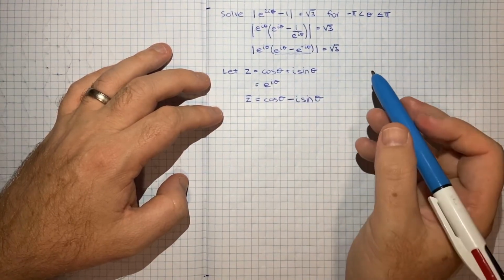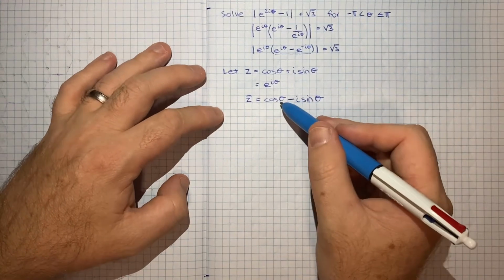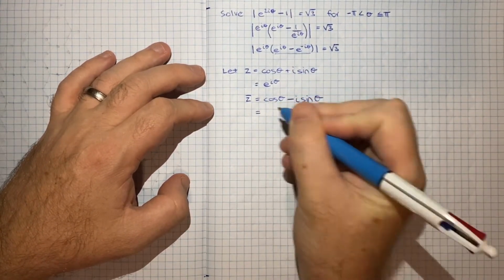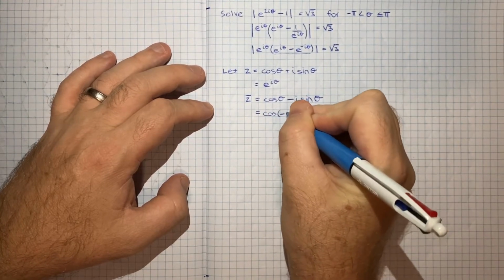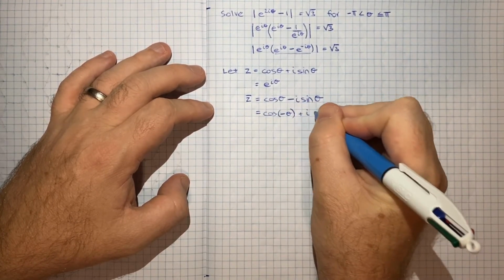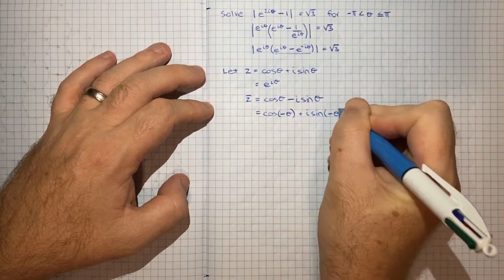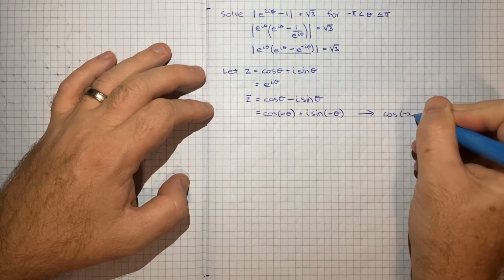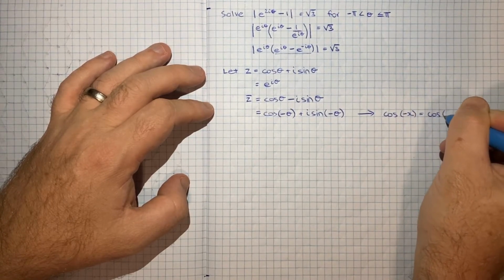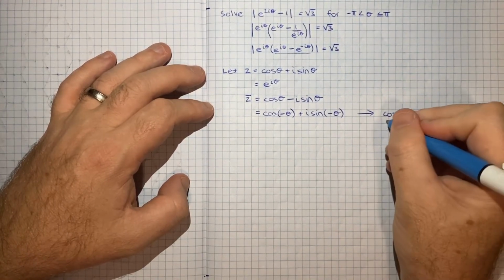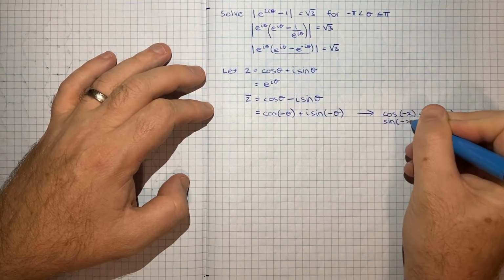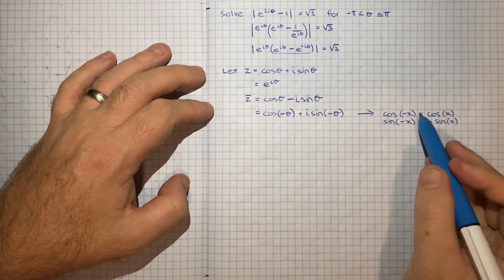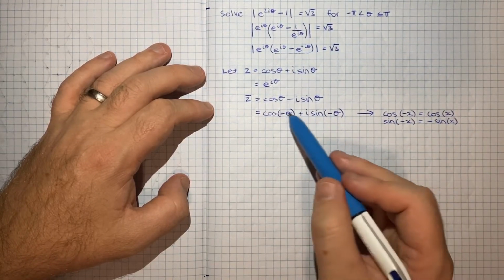And thinking about cos being even and sine being odd, we could write that as cos negative theta plus i sine negative theta. The reason we can do that is because cos of negative x equals cos x, it's even, and sine of negative x equals negative sine x. So these are effectively equivalent.